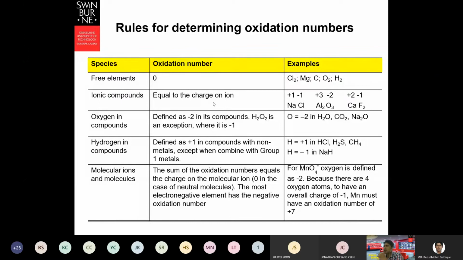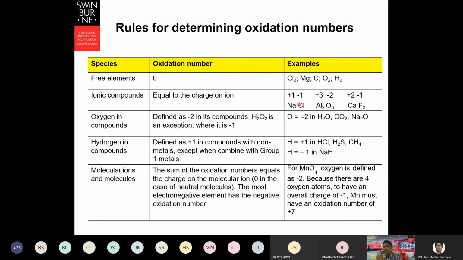For sodium chloride, for this case, if it is broken down, sodium and chloride will be produced, right? And then sodium will always carry one positive charge. Chloride will carry a negative charge.